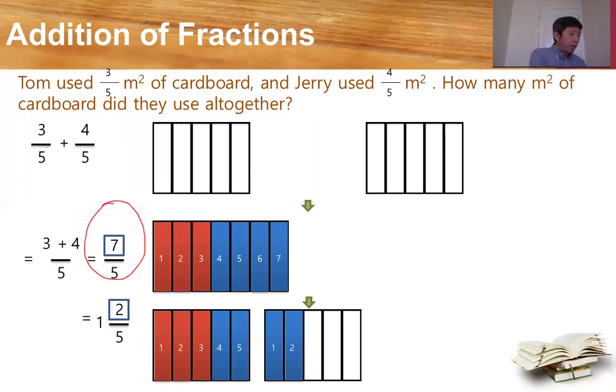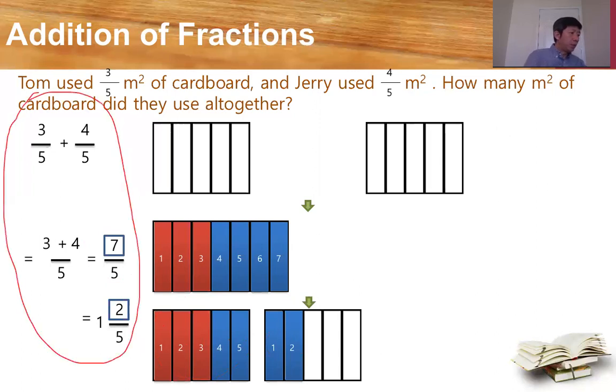Therefore we got 1. Why is it 1? Because we count 1, 2, 3, 4, 5 as one whole, right? And what's left over? We have 2 left over. So this is 1 and 2/5. Procedurally, this is the algorithm, and this shows the picture, the conceptual understanding.